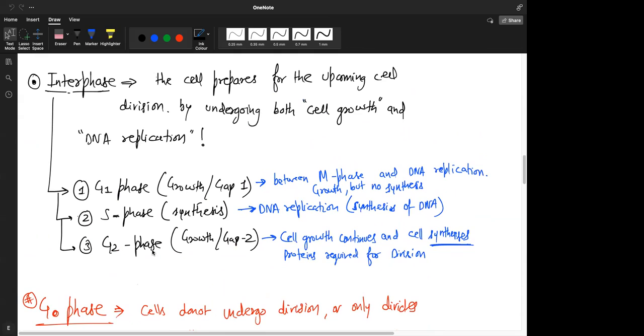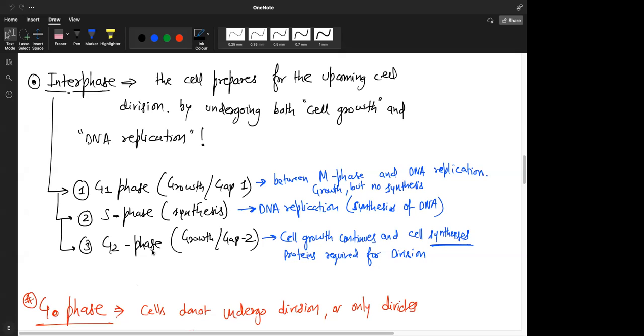First is our G1 phase, which is also called gap 1. It is the longest phase, and it is between M phase and the S phase.